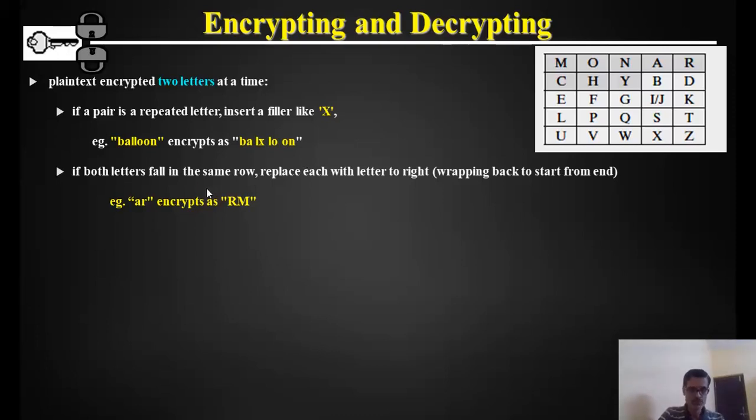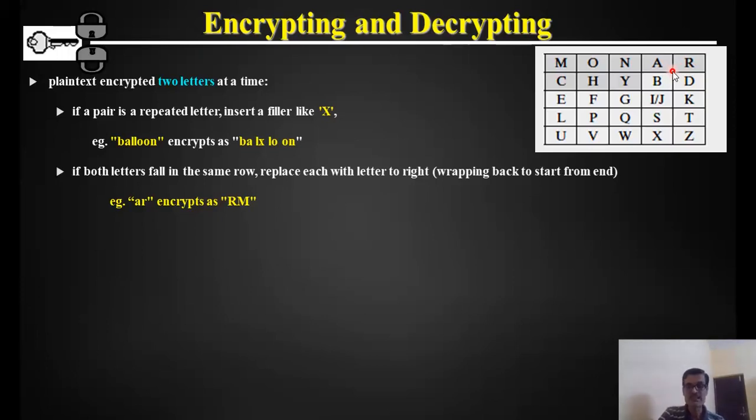Now, suppose both the letters in my plain text fall in the same row, for example AR. I have an A here and an R here, both falling in the same row.